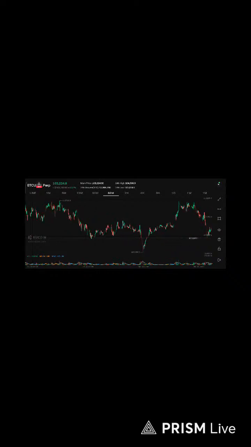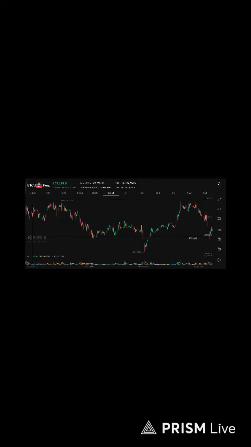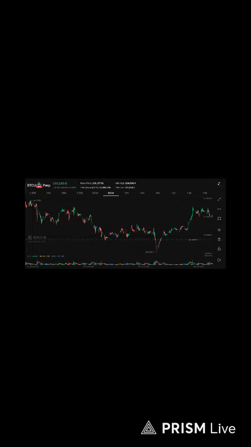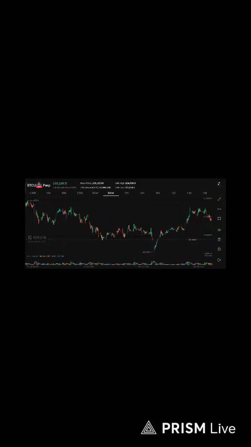Right now, what is the HARAMI candlestick pattern? A HARAMI pattern is a 2-candle reversal pattern that signals a potential change in market direction. The word HARAMI means pregnant in Japanese. Trading started in Japan, so most keywords they use are interpreted based on their language.